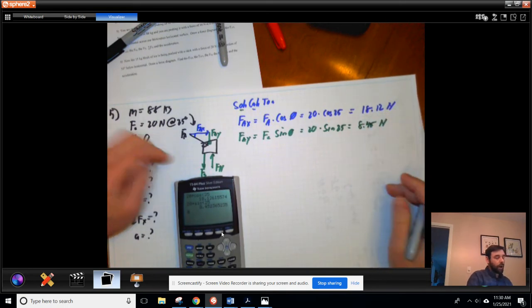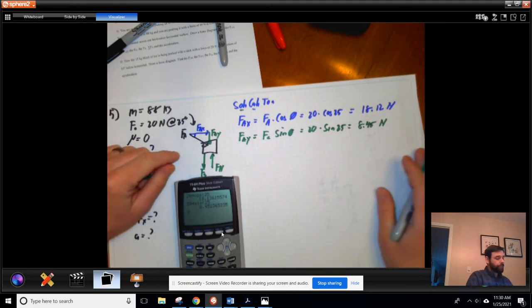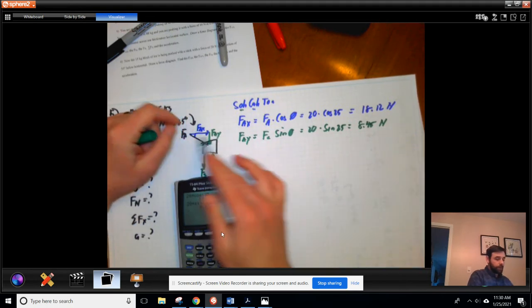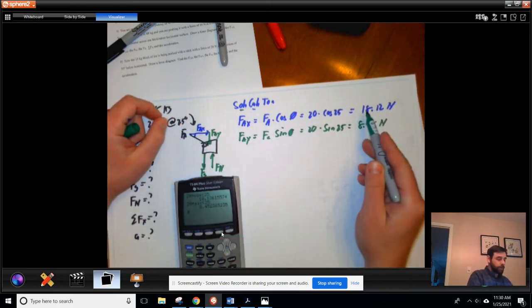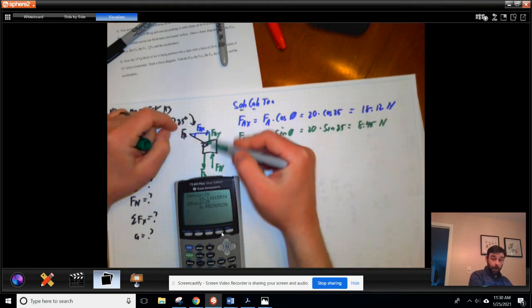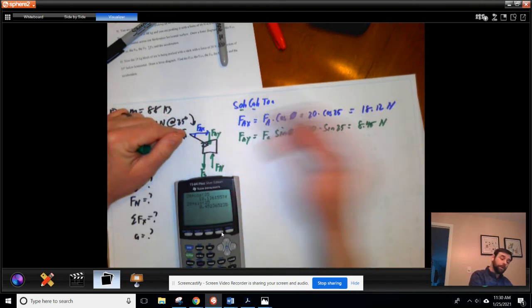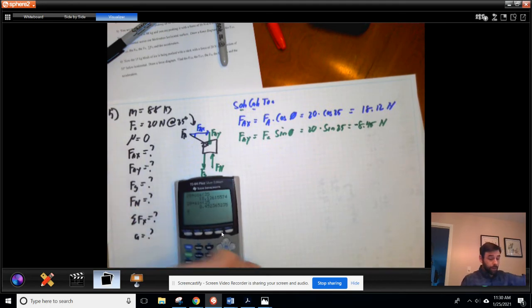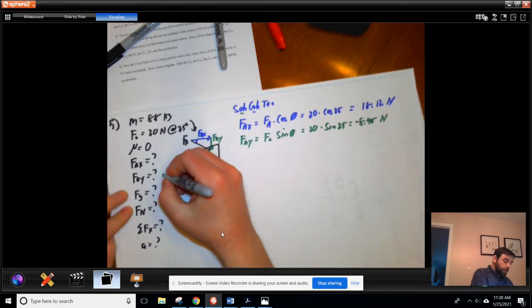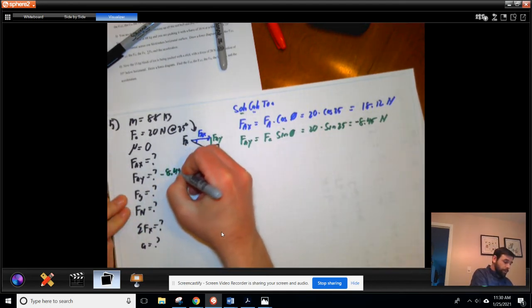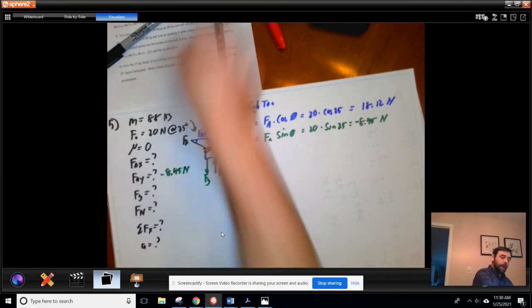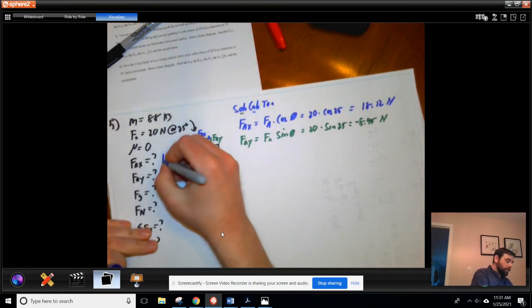All right, groovy. Now, common sense theorem stop. FAX is pushing to the right. We can call that positive. Life is good. FAY is pushing downwards because we are pushing below the horizon. That needs to be reflected in that number. Okay, so we got negative 8.45 newtons here. And we have 18.12 newtons here.